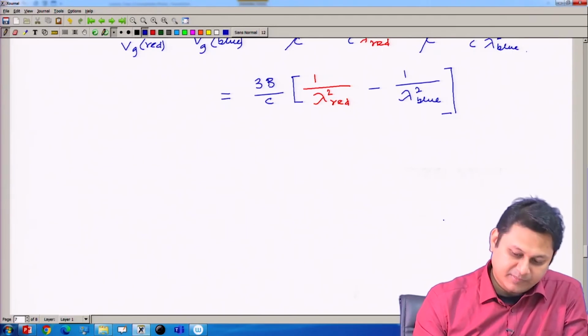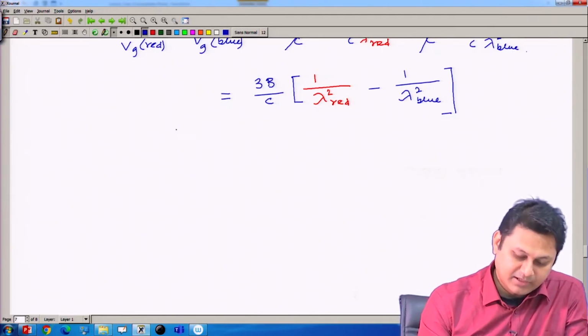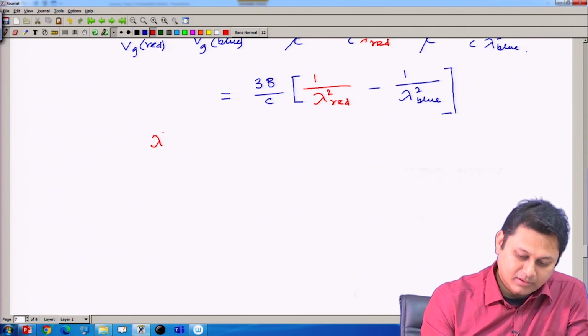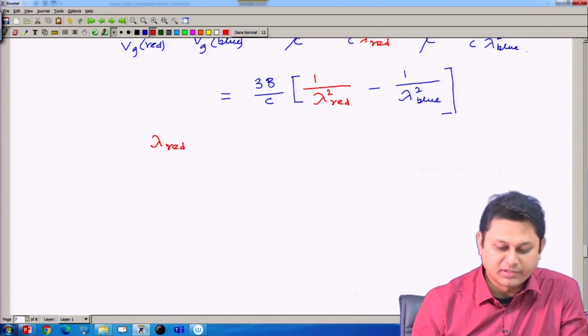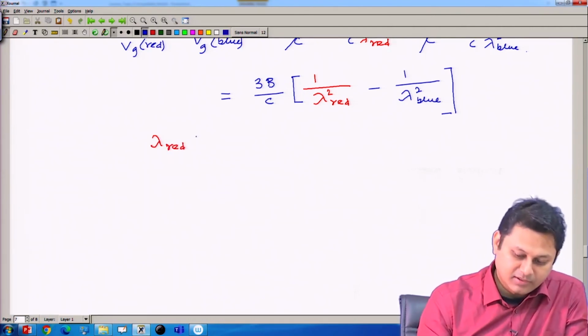That is all. Now, from this expression I can readily write that lambda red, the wavelength of the red light, is greater than lambda blue.